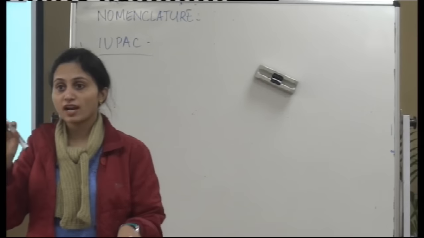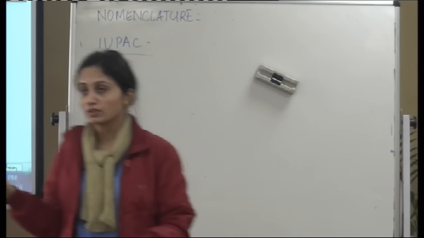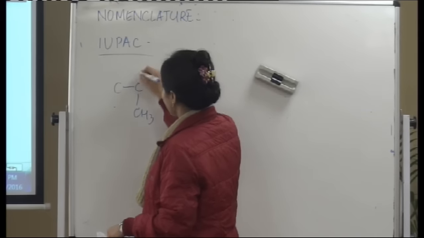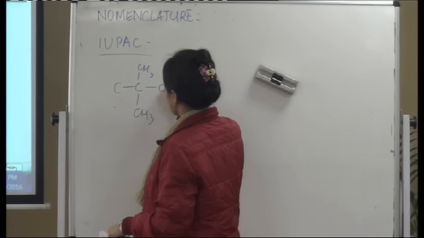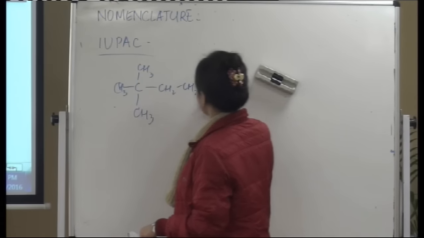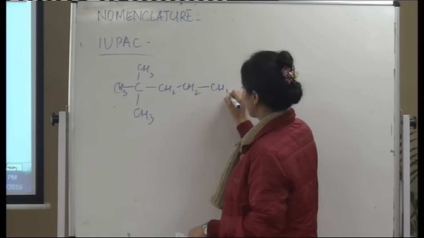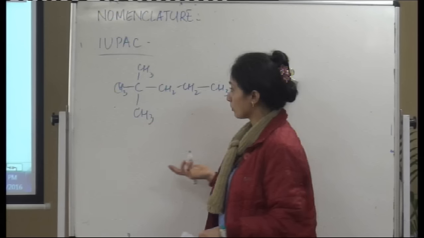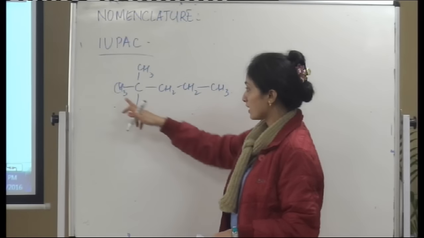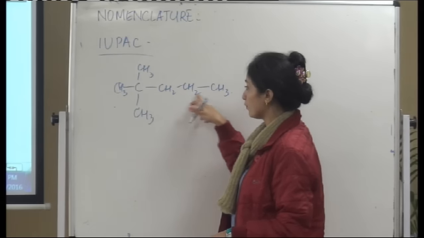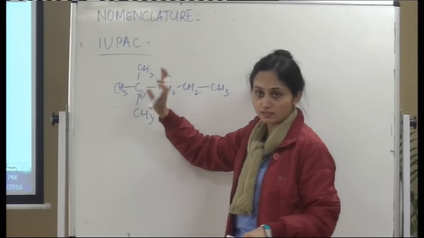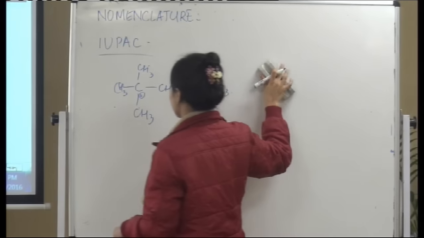Like for example, if I have CH3, CH3, CH2, CH2, CH3, CH3 here, where will you start the numbering from? From the left side, 1, 2, 3, 4, 5, so that the substituents get the lowest number. That is also to be taken care of.